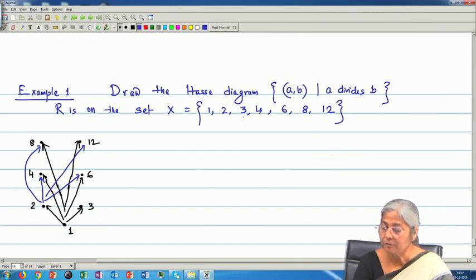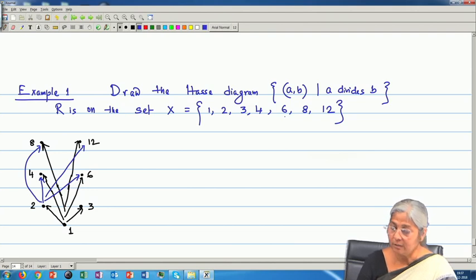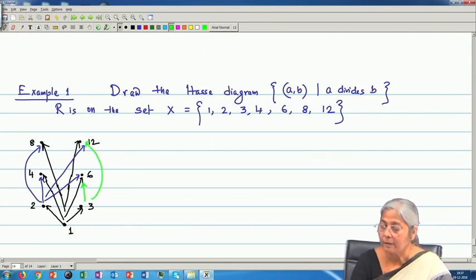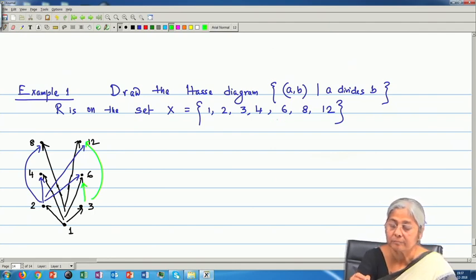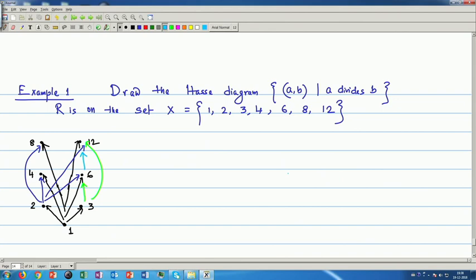Then 3 divides only 6 and 12. 3 divides 6 and 12, I give a different color. 3 divides 6 and 3 divides 12. Then 6 divides 12.